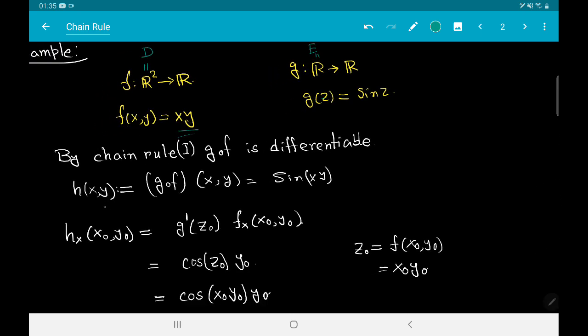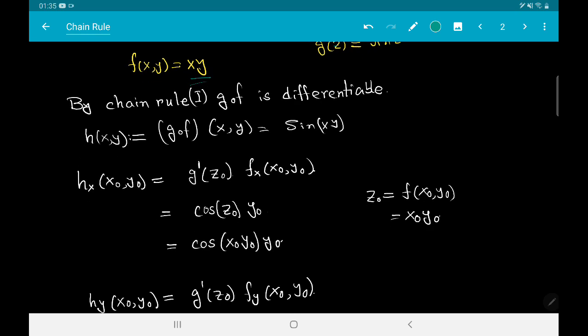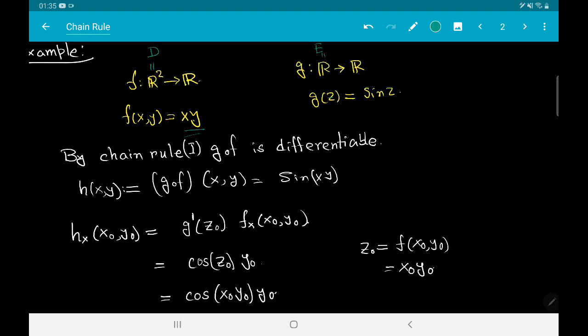So can we compute the function h(x,y), which is given by g composite f of (x,y)? This is simply g of f(x,y), and f(x,y) is nothing but xy, so this is going to be sin(xy).